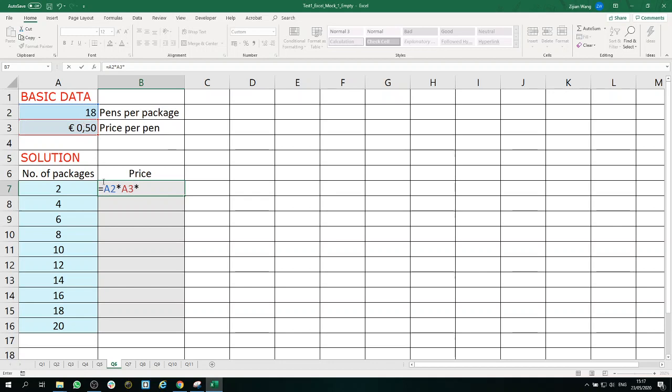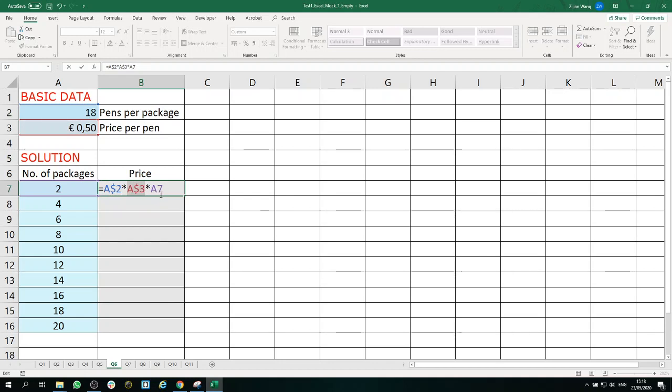So here we're going to multiply this one. So we have 2. And later when we calculate the rest, these 2 should move along, but the other should be fixed. The 18 should still be there and the 50 cents should still be there.